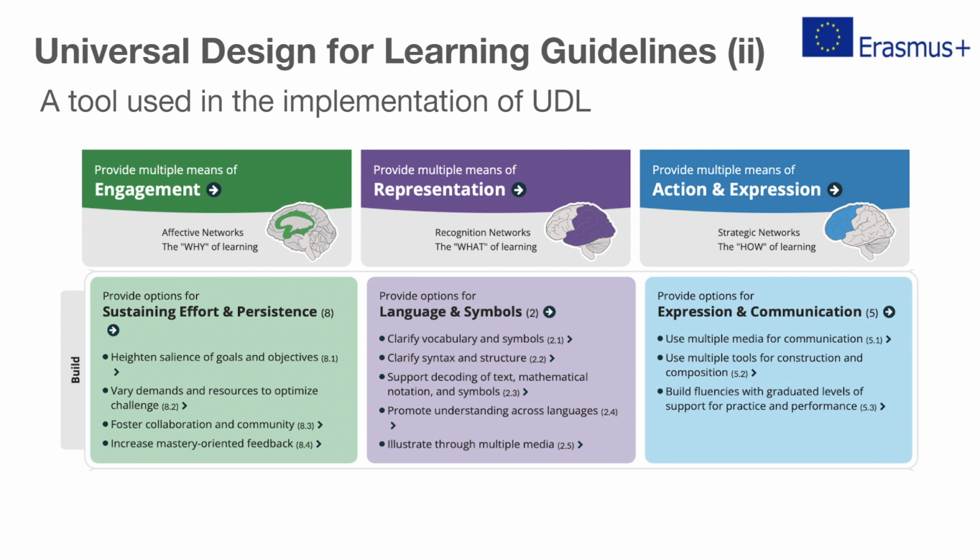Finally, provide options for language and symbols, which means to clarify vocabulary and symbols, clarify syntax and structure, support decoding of text, mathematical notation, and symbols, promote understanding across languages, and illustrate through multiple media. And finally, provide options for expression and communication. For example, use multiple media for communication, use multiple tools for construction and composition, and build fluencies with graduated levels of support for practice and performance.